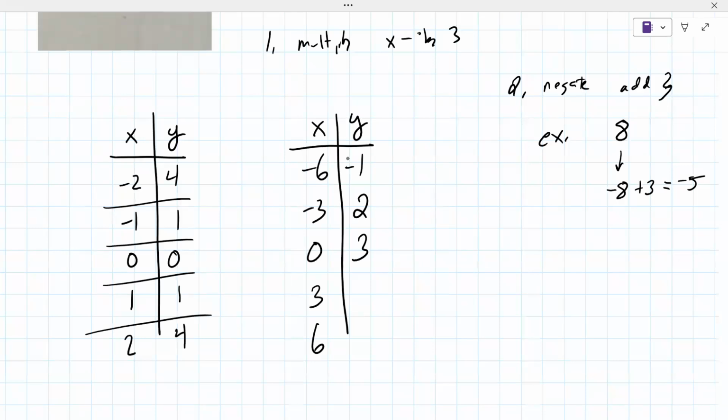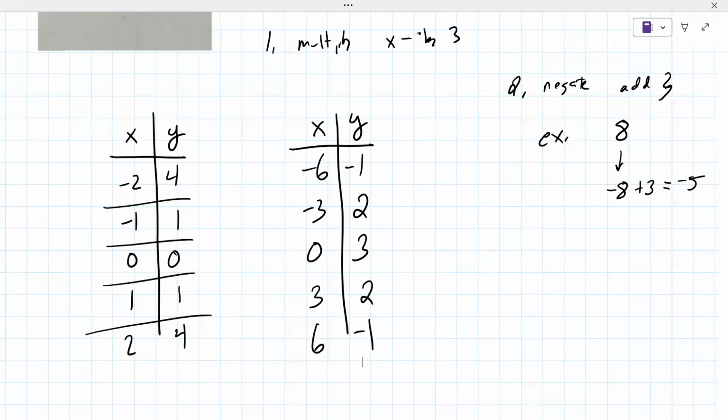Okay, keep going. Yep. 2 for y. Okay, yep. And a -1.